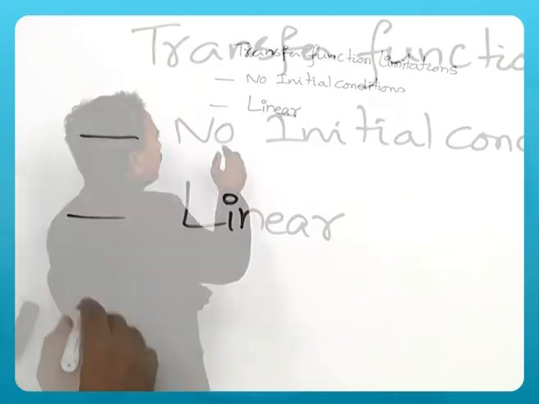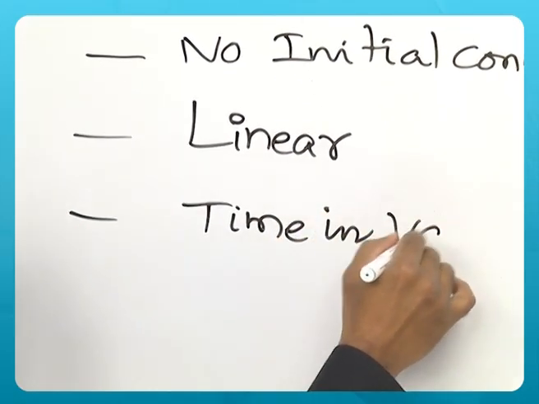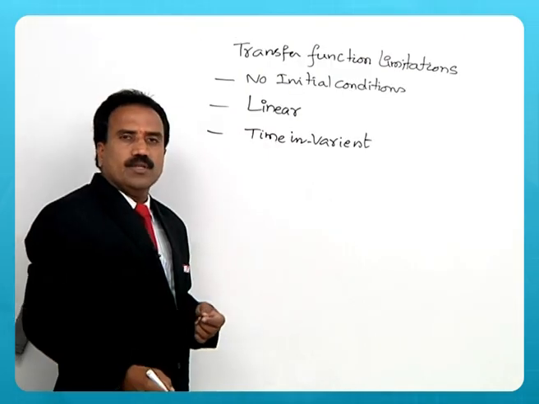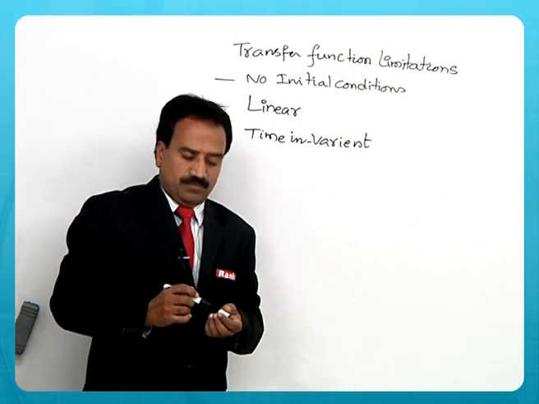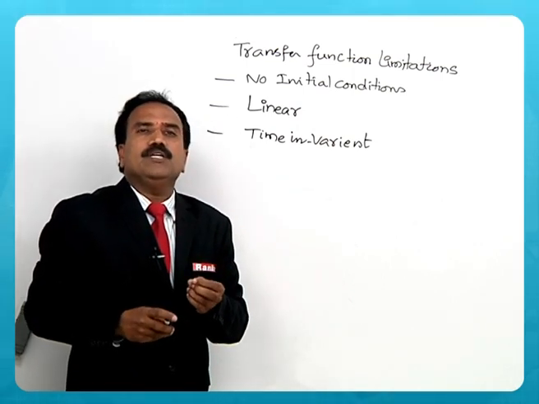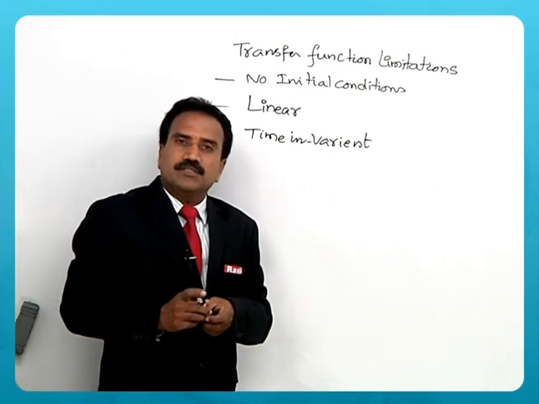Another important thing is, this is applied only to time invariant systems. What is meant by time invariant? I was mentioning in the previous class that if you are controlling the DC motor, there is an armature resistance.